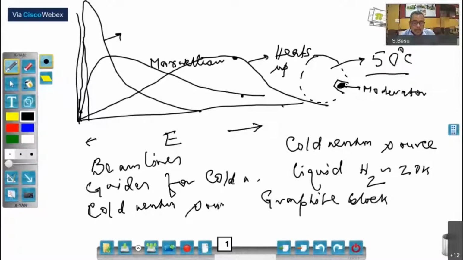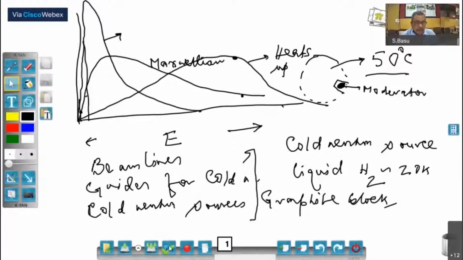These are common in reactor based sources. Unfortunately, in India, we still have not mastered the technology of cold neutron sources. We don't have it. But if we have it, we can boost the neutron flux by a factor of 7 to 20, and this will help us to do our experiments much more comfortably. This is something I want to share with you.